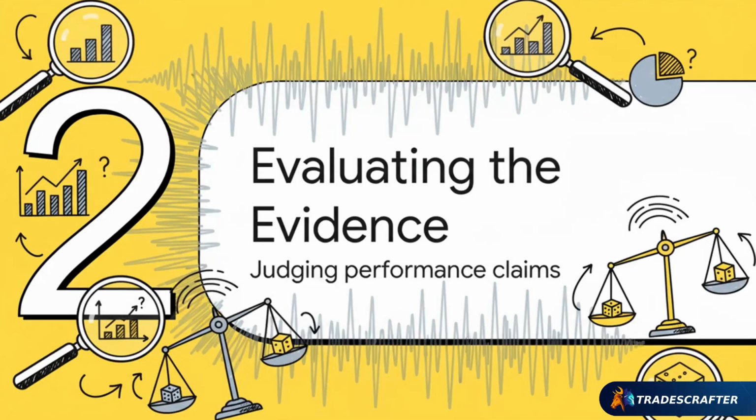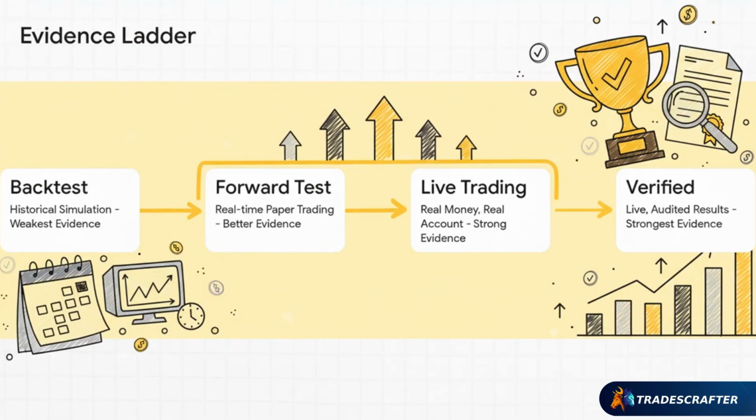So how do we cut through all that noise? Well, we need a simple framework, a way to judge the quality of the evidence someone is showing you. Because not all performance data is created equal, not even close, and knowing the difference is absolutely critical. I want you to think of it like this, the evidence quality ladder. Down at the very bottom, the weakest form of evidence is a simple backtest.